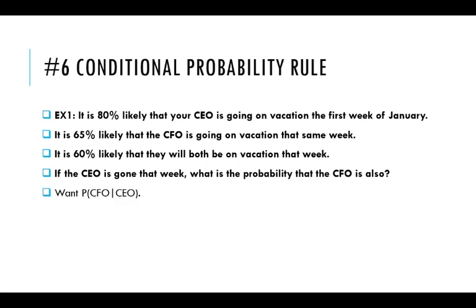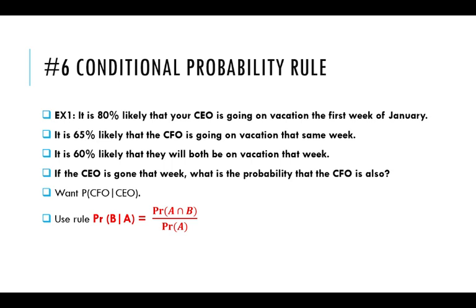In other words, we want the probability that the CFO is gone given the CEO is gone. So make sure you understand that notation. The thing to the right of the bar is given. So what's the probability that the CFO is gone given that the CEO is gone?